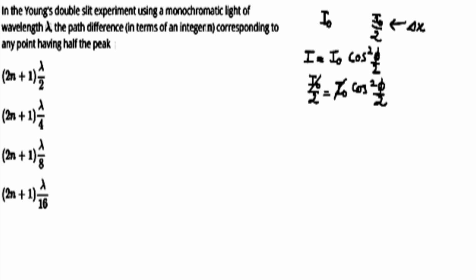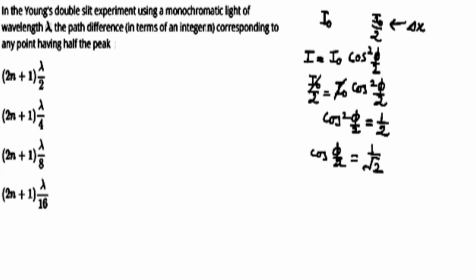I naught will cancel out, so we get cos square phi by 2 equal to 1 by 2, and cos phi by 2 is equal to 1 by root 2.